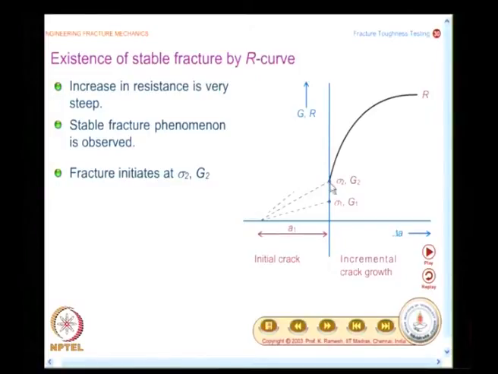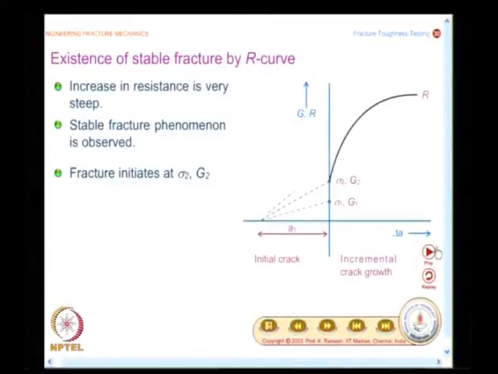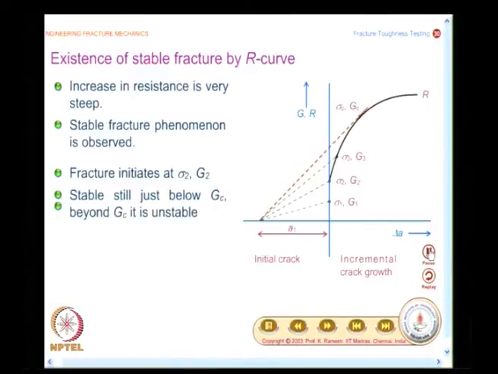But the moment I reach sigma 2 where G2 is equal to R at this point, when the load is slightly increased you will have a stable fracture. If the load is stopped, the crack also will stop. If I keep on increasing the load, after some time you will have an unstable fracture. We had seen it earlier, but now with better understanding you will be able to appreciate this aspect.